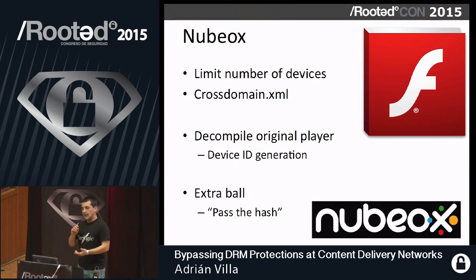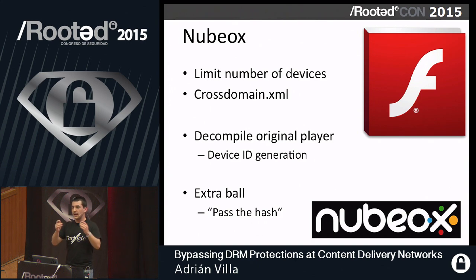What were the barriers or the hindrances of Nubiox? Well, there is a limit as to the number of devices that you can use if you subscribe to the basic package, that is 4 or 5, I think: tablet, TV, mobile phone, etc. The cross-domain XML is quite well configured, doesn't have an asterisk as many other companies have, and because we had those problems, the number of players was limited.